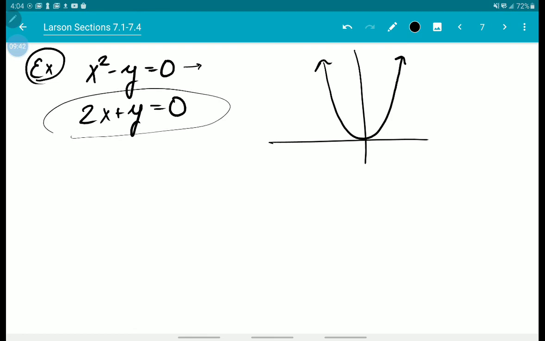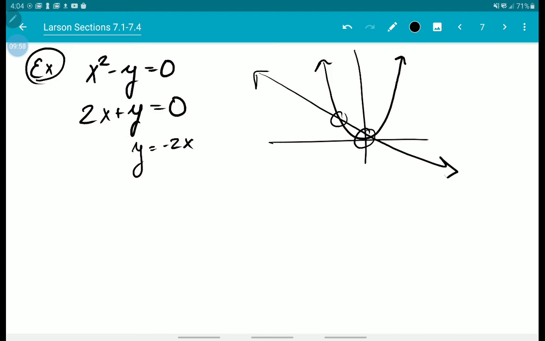This guy is the equation of a line with a negative slope. It's going to look something like that. We are looking for 2 intersection points. We could always graph this in GeoGebra or in the calculator to get a better idea of what that graph looks like.